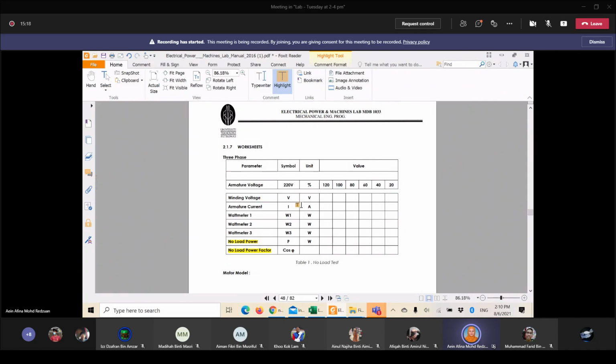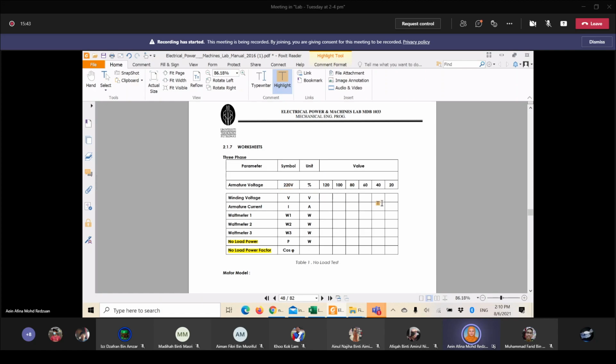I mean, we're going to adjust the voltage from 100% to 120% of 220 volt. So you guys have to calculate how much is 120% of 220 volt, and then 100% of 220 volt, 80% of 220 volt.